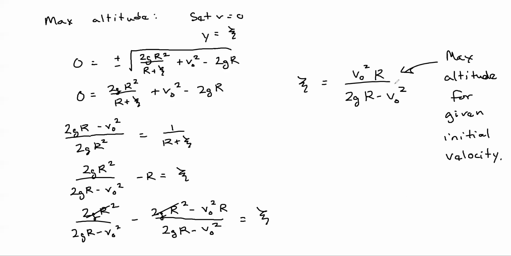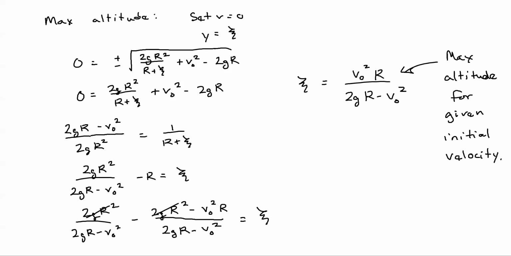So what you can do is plug in initial velocity and out will come the max altitude, right? That's kind of neat. So if you have a rocket and you know its initial velocity when it's launched, then you can calculate how high that rocket will actually get above the surface of the Earth using that formula.